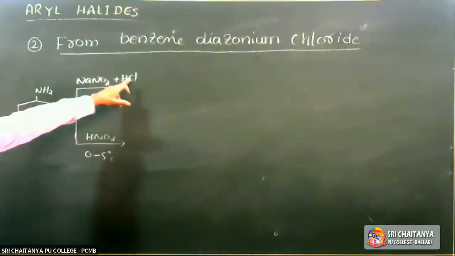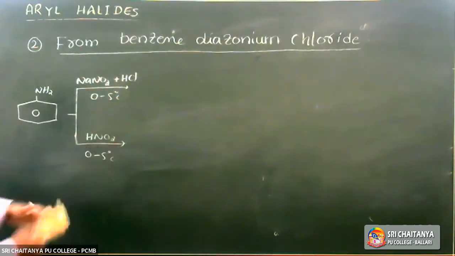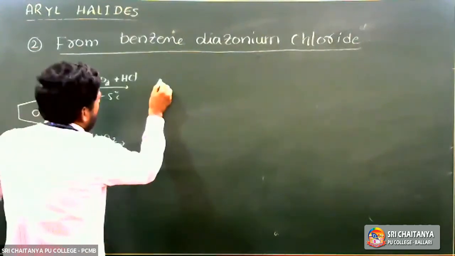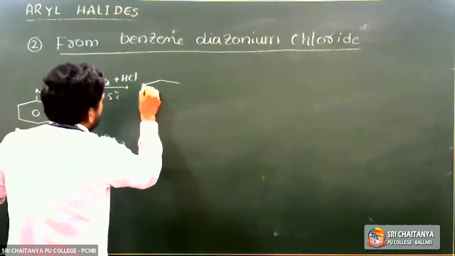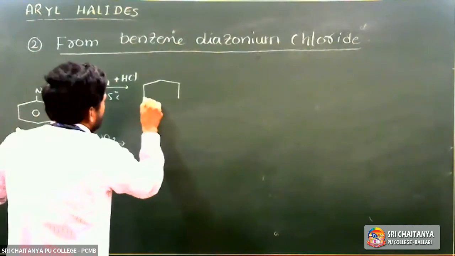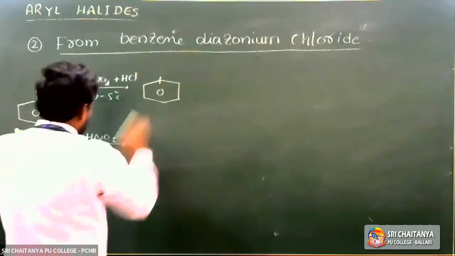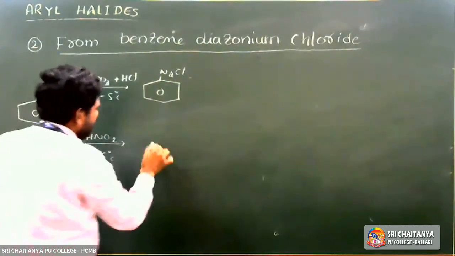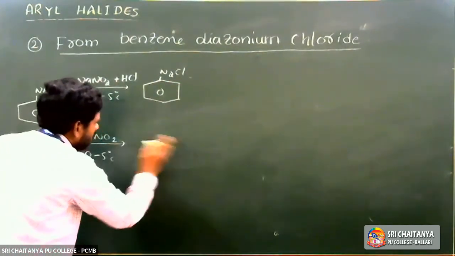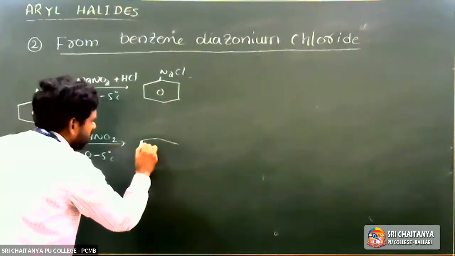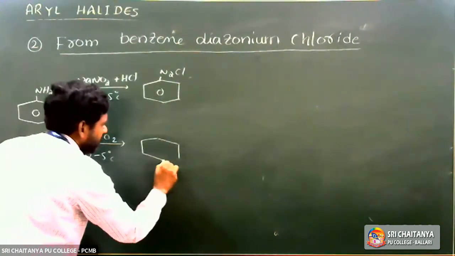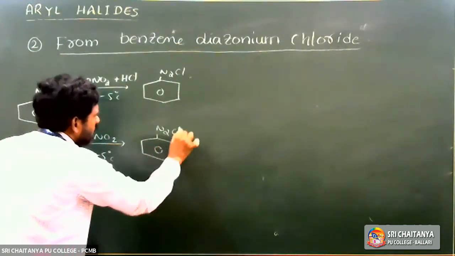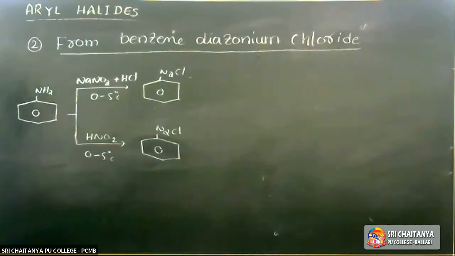When NaNO2 reacts with HCl, it forms HNO2, nitrous acid. Either way, the product formed is benzene diazonium chloride. But nitrous acid is unstable, so it must be prepared from NaNO2 and concentrated HCl.